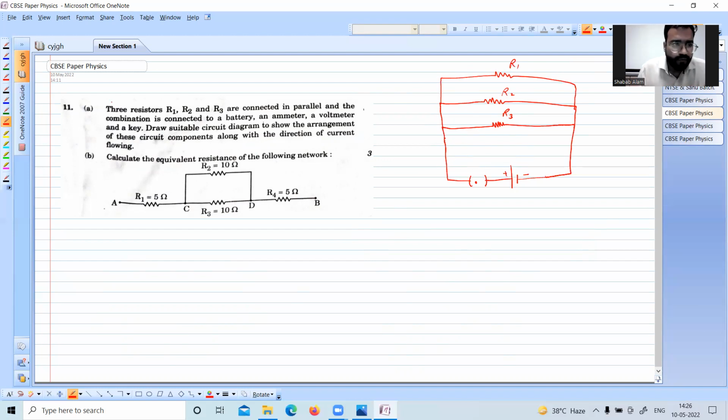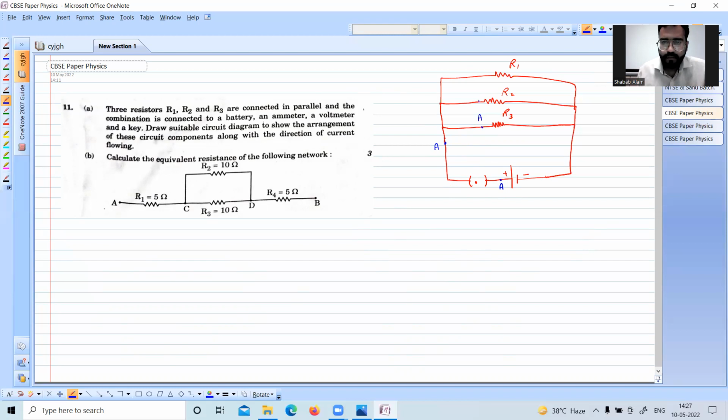Now we are going to connect the voltmeter and ammeter in this diagram. The voltmeter we always connect in parallel to the resistors to detect the potential difference. If I give the name A to this terminal, then until the resistor comes, the point will be the same, because we are taking connecting wires of negligible resistance.